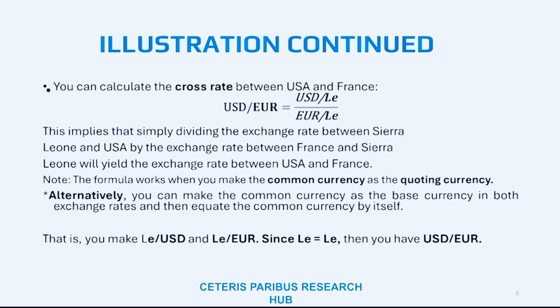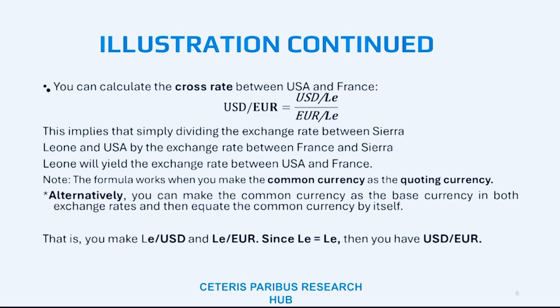However, you should note that the formula works best when you make the common currency, in this case Sierra Leone, the quoting currency. It comes second in the quoting terms.